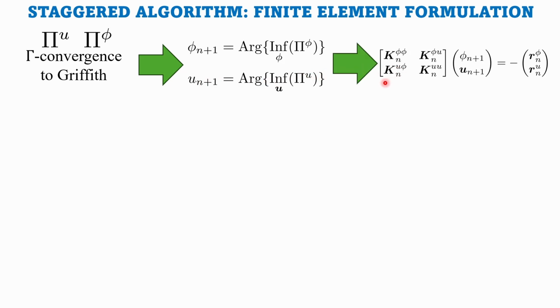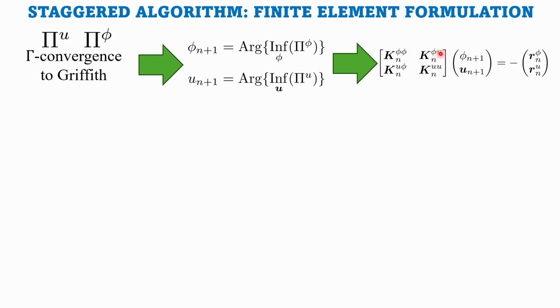Now when you convert it to the finite element equations, you will get something like this, correct? This you may be familiar from your finite element courses. So essentially this is an overall stiffness matrix where K phi phi, K phi u, K u phi and K u u are the individual stiffness terms containing phi and u, which are coupled and decoupled.